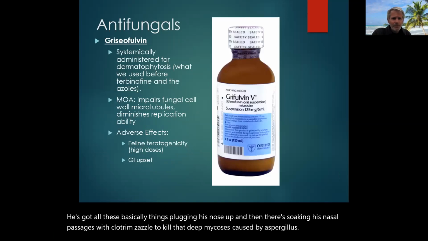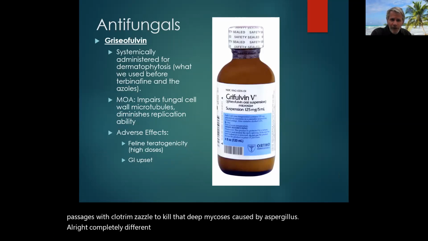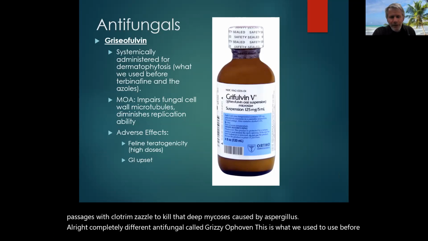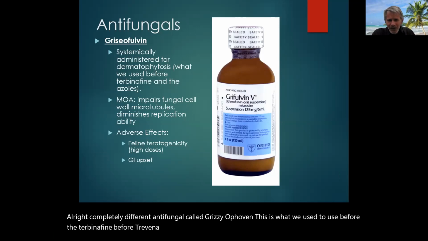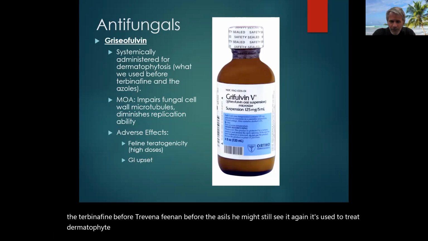All right, completely different antifungal called griseofulvin. This is what we used to use before the terbinafine and before the azoles. You might still see it. Again, it's used to treat dermatophytosis, in other words, ringworm.